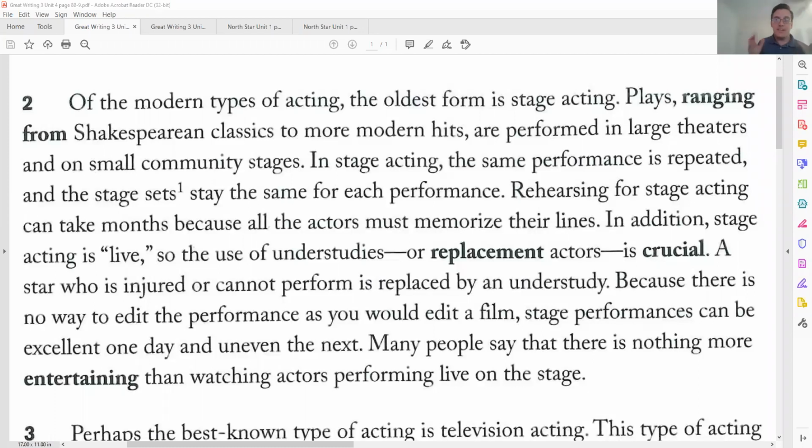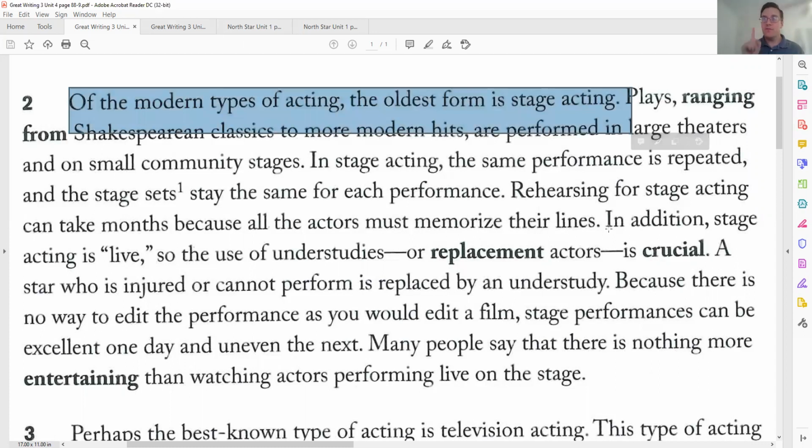Okay, so this is a classification essay, we're talking about three types of acting. It's only natural that you can expect three paragraphs in the body of your essay, where each paragraph is talking about a different type of acting. So here we see that in the second paragraph, the first of the body paragraphs, we are talking about the first type of acting, right?